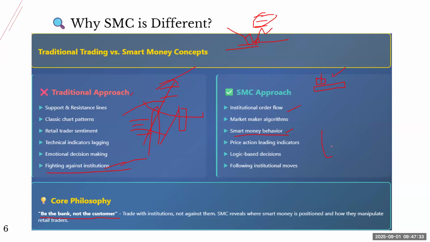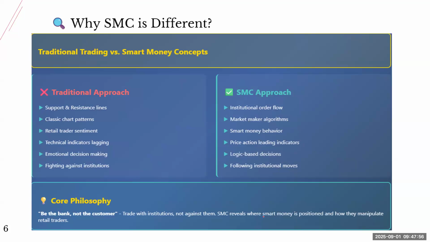So you know that price was bullish on Friday. If you want to trade the same direction as the institution, you need to go to the lower time frame, wait for price to pull back, and then you buy. I will show you guys later. The core philosophy is: be the bank, not the customer. Trade with the institution, not against them.